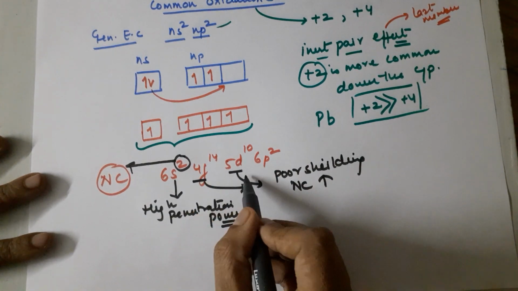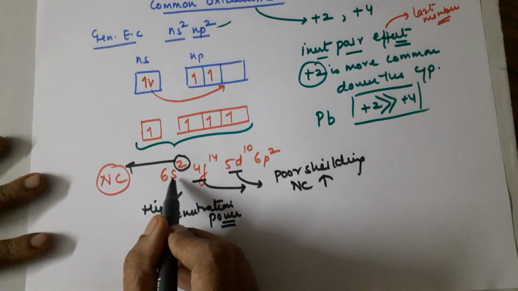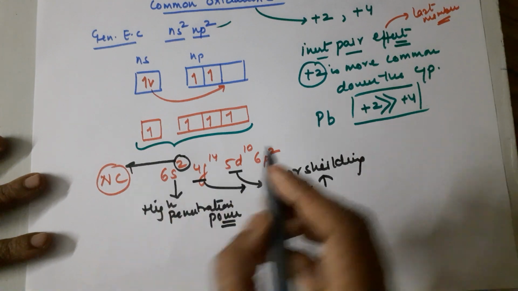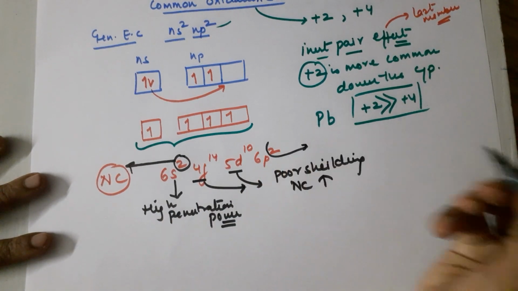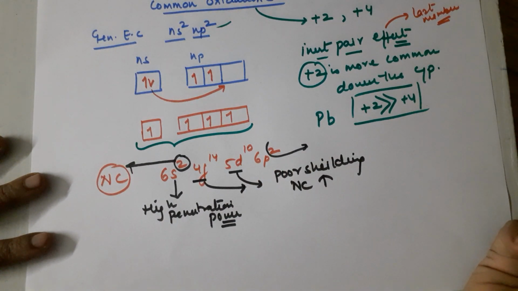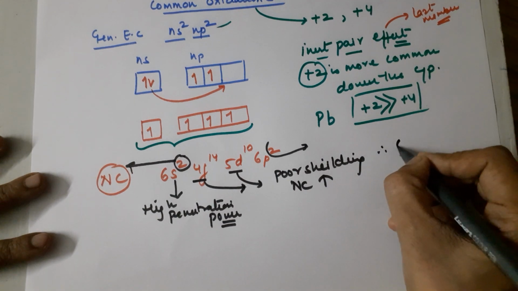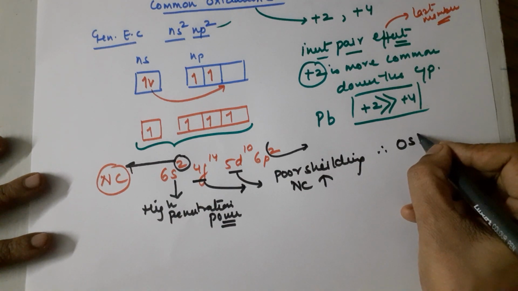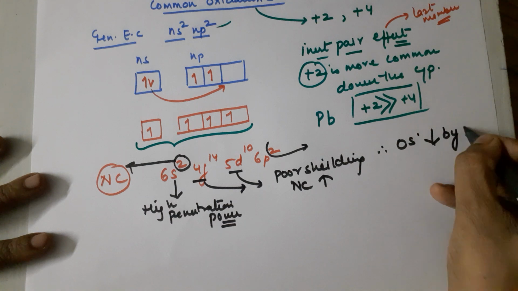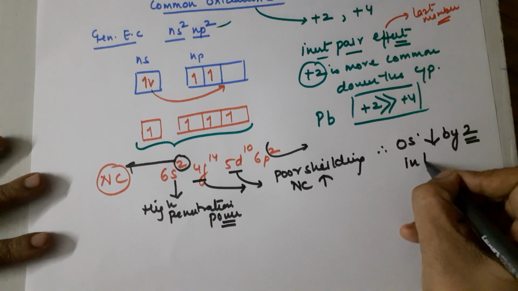Because of these two, since the nuclear charge increases, 6s is held much more tightly, hence only the p electrons of the outermost shell participate in bonding. Therefore, the oxidation state decreases by 2 in the last member.